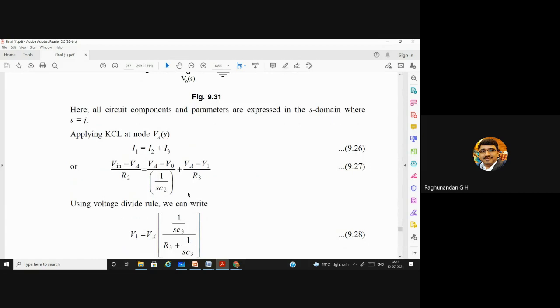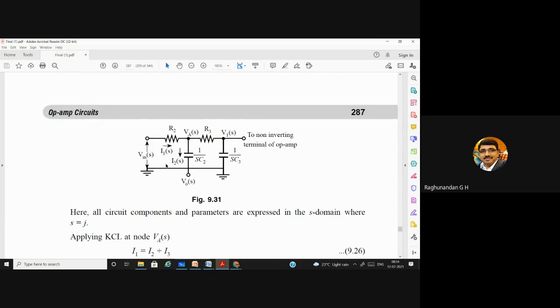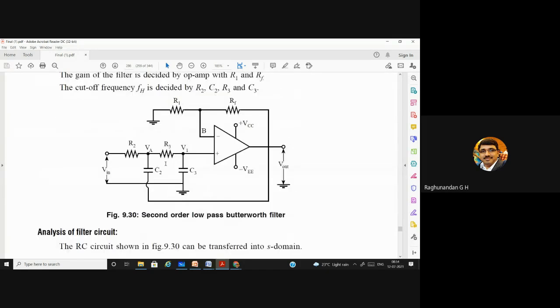Now we will try to find each voltage, because we are using a non-inverting op amp. For a non-inverting op amp, the output is V naught equal to V in into 1 plus Rf by R1.